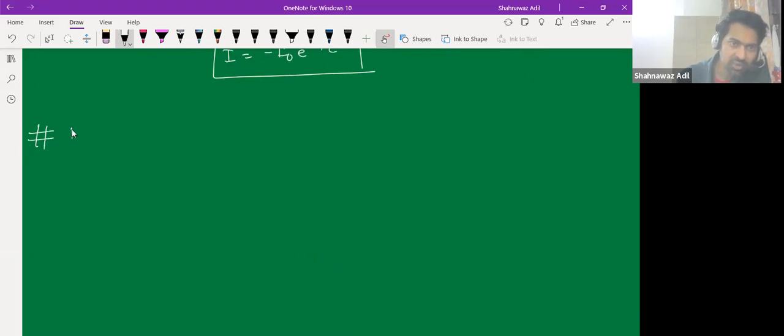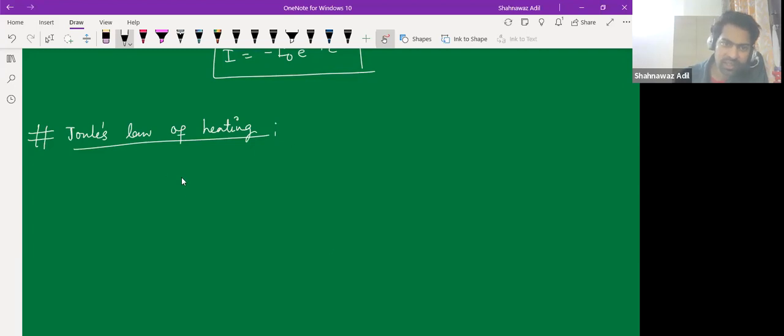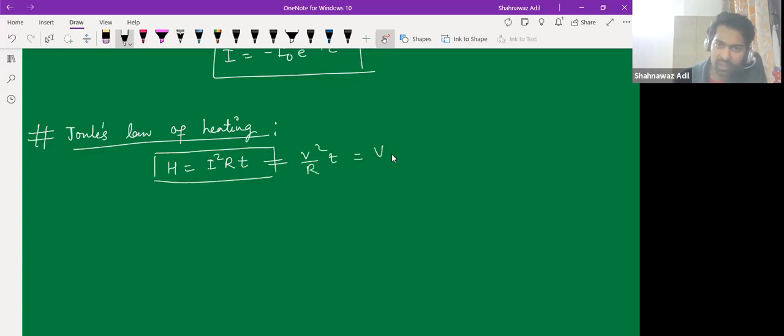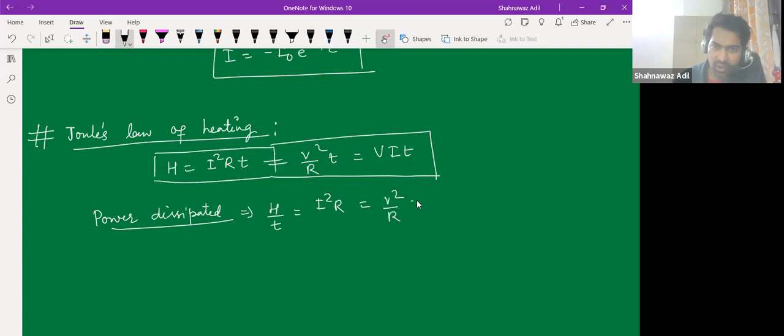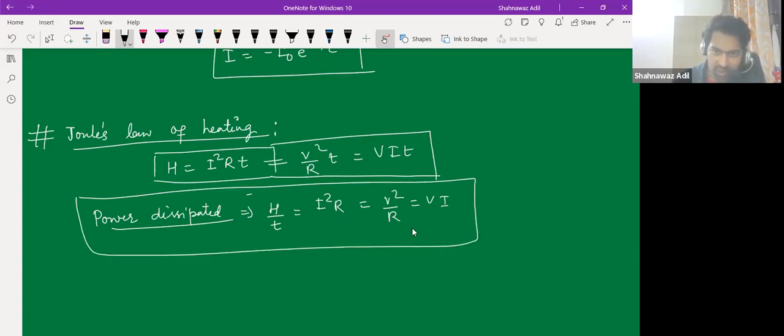Then we have Joule's law of heating, which says that the heat dissipated in the resistance is equal to I square R T, and this is equivalent to V square by R T, or V I T. And then we have the power dissipated, that is equal to H by t, which is I square R, or V square by R. We generally calculate the power dissipated in terms of R, because this is fixed.